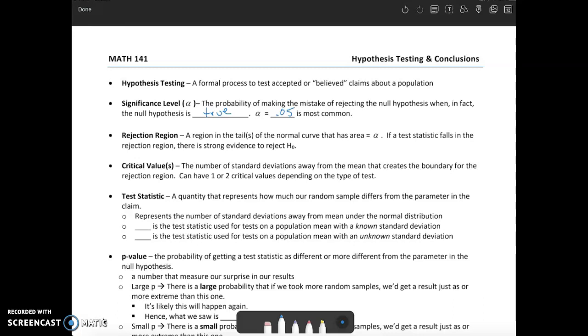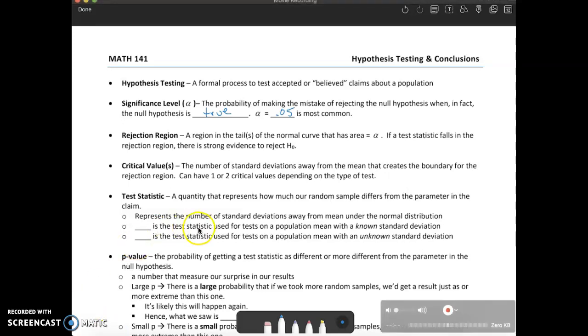You may have one or two critical values depending on the type of test. So remember, you may have only a positive or only a negative critical value if you're doing a one-tailed test, and you could have two critical values if you're doing a two-tailed test. Same thing with the tails. You may have one or two depending on the type of test.